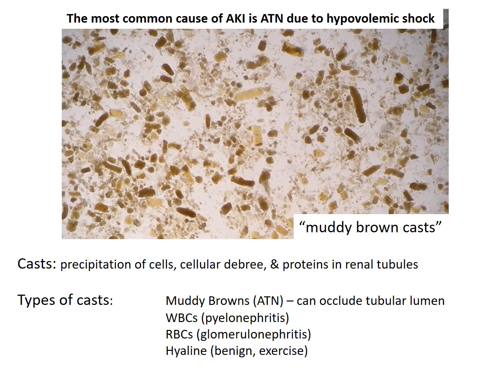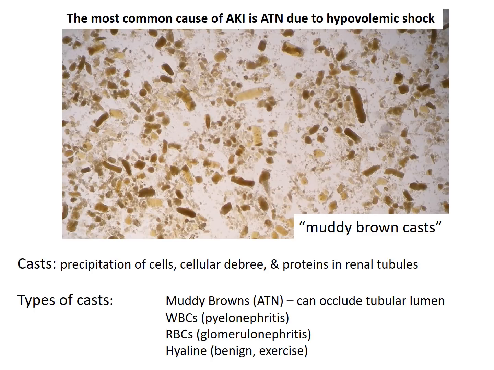There's a number of different types of casts that can be looked for in the urinalysis. Muddy browns are characteristic of ATN. White blood cell casts are characteristic of pyelonephritis. We'll cover that in a minute here. Red blood cell casts are characteristic of glomerulonephritis. We'll cover that as well.